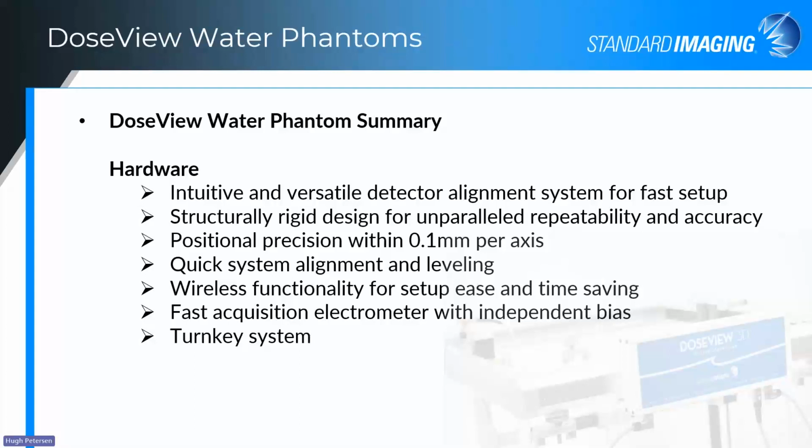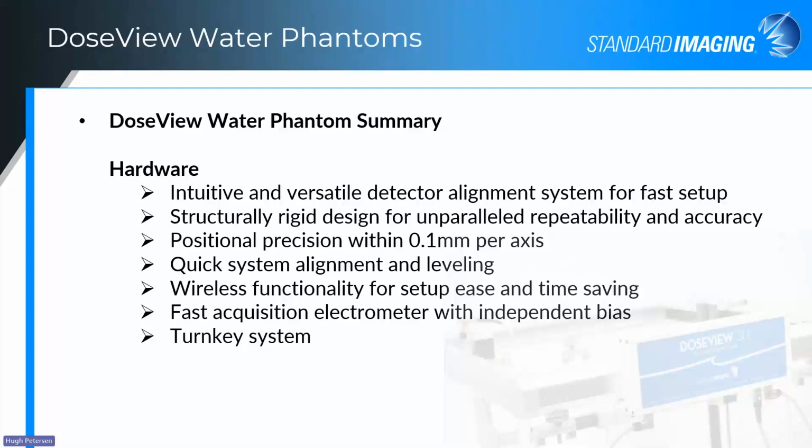Quick system for alignment and leveling. Got that wireless functionality both in your pendant, but also wireless from the PC to the water phantom itself. Got the fast acquisition electrometer with the independent bias, full system turnkey. So it includes everything you need: all your cables, all your detectors, your chamber holders.